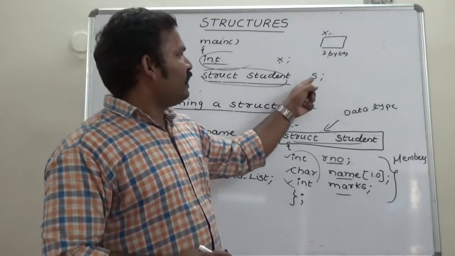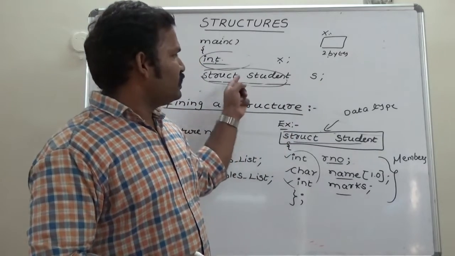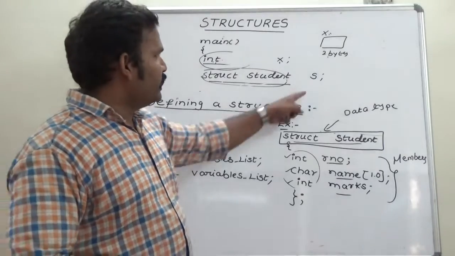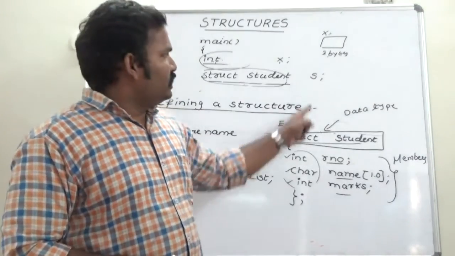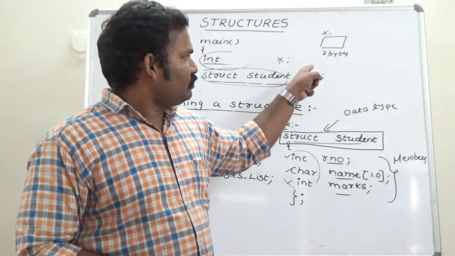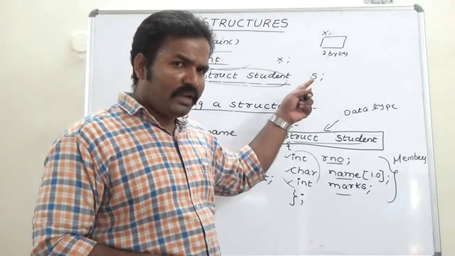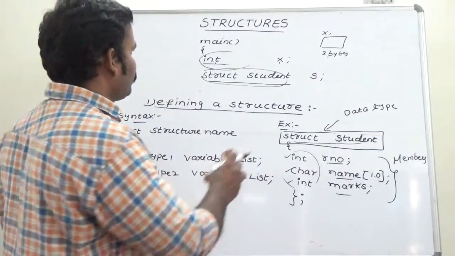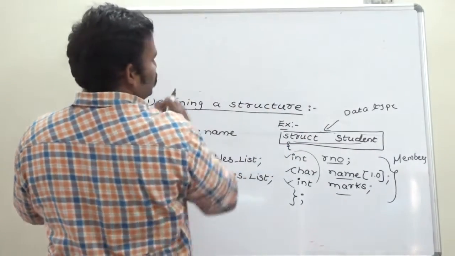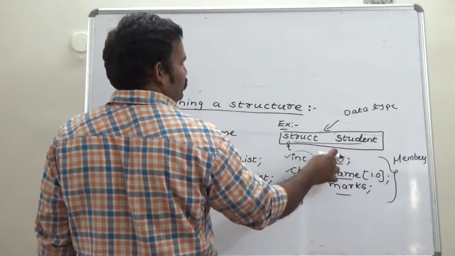When we declare a variable like this, only then will the memory be allocated for the structure members. Here S is called a structure variable or object. We can call it an object, or a reference variable. The internal memory representation will be like this.